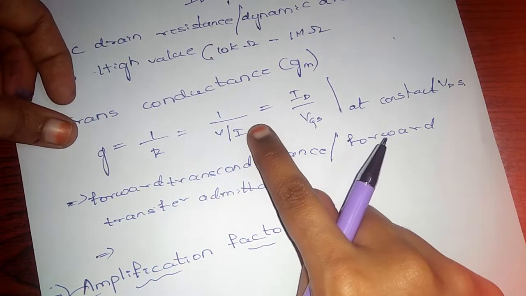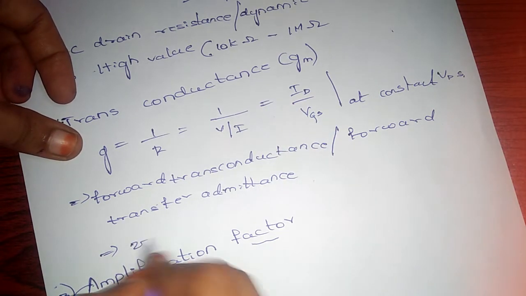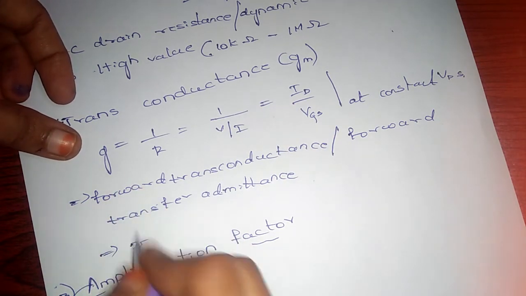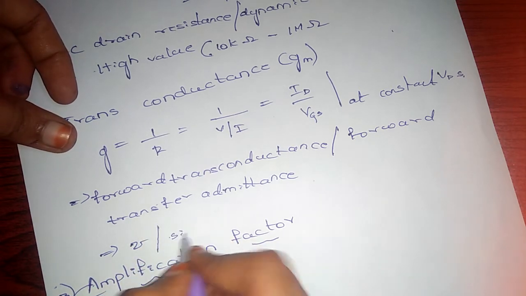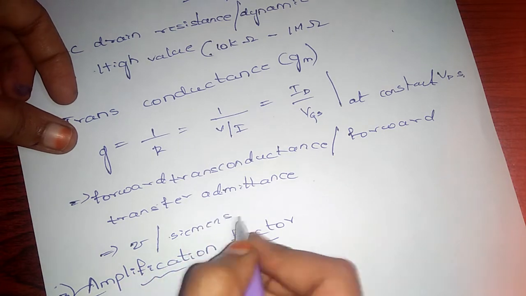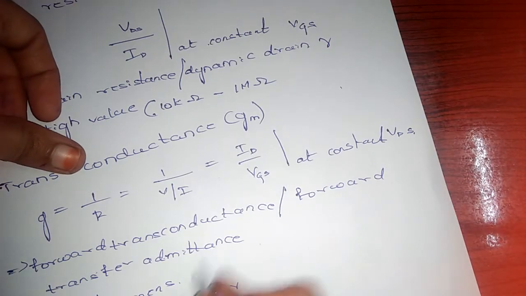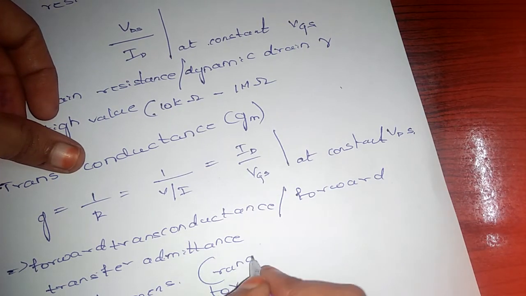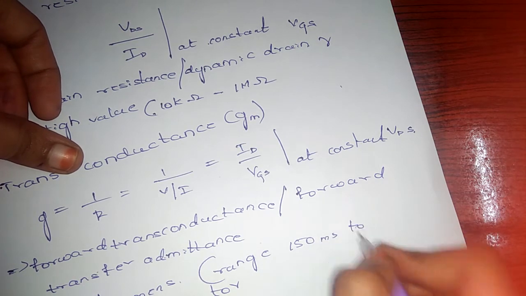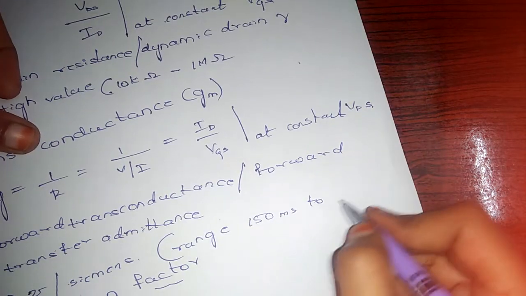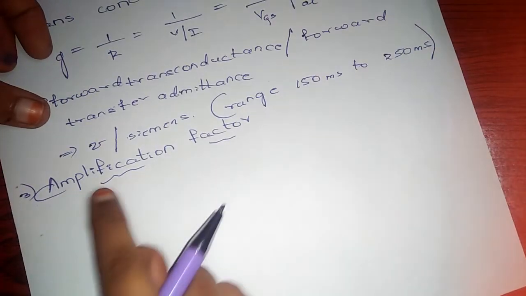The unit that it has is mho, the inverse of ohm, or Siemens. Its typical range is 50 millisiemens to 250 millisiemens.